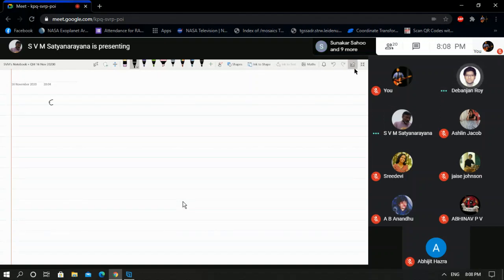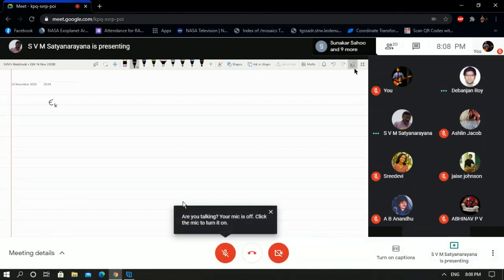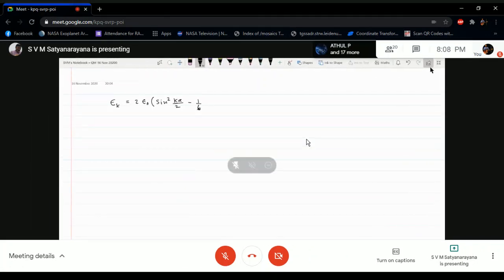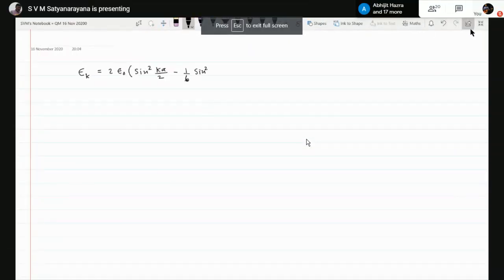Epsilon k is equal to 2 epsilon naught within brackets sine square ka by 2 minus 1 by 6 sine square ka.